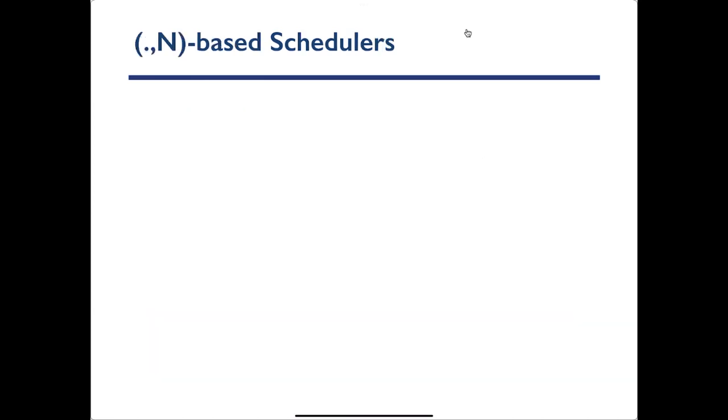Now, unfortunately, I don't have much time to dive deep into all the details of all these classes of scheduling, but just to review some of them. So all the no migration classes.